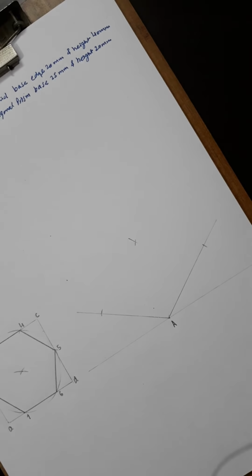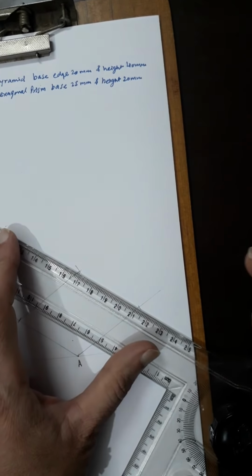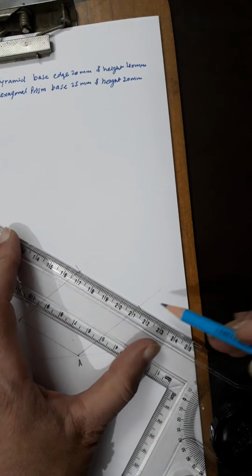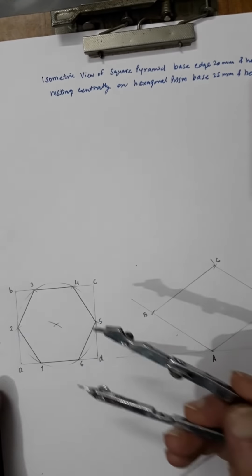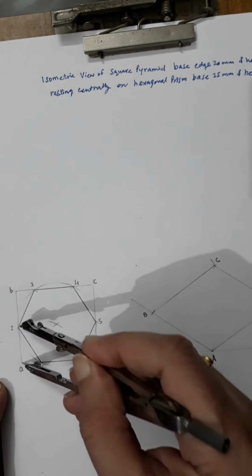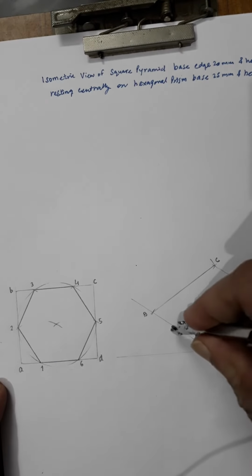Now you can join this with thin lines. Now you can take this A2 from here. A2 lies between A and B. So this is A2.